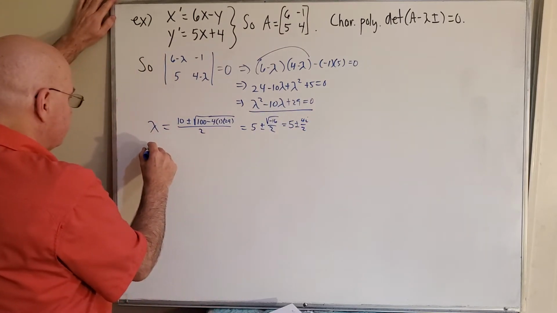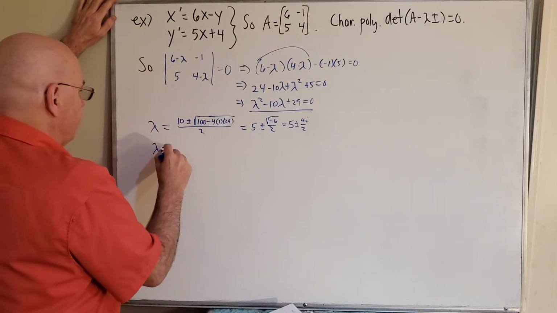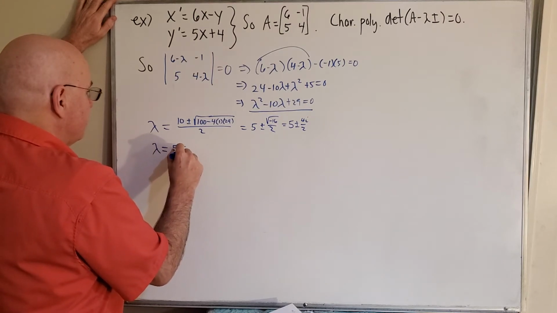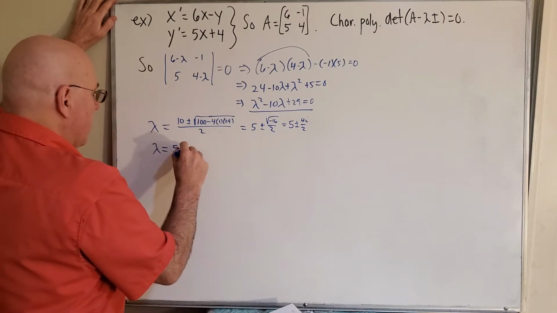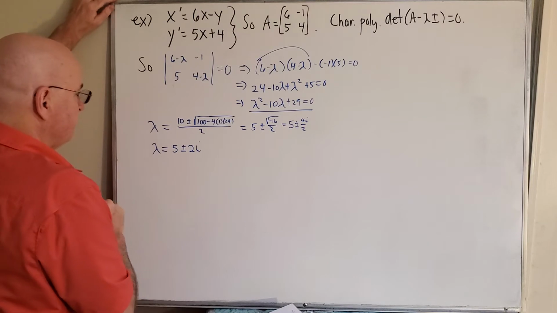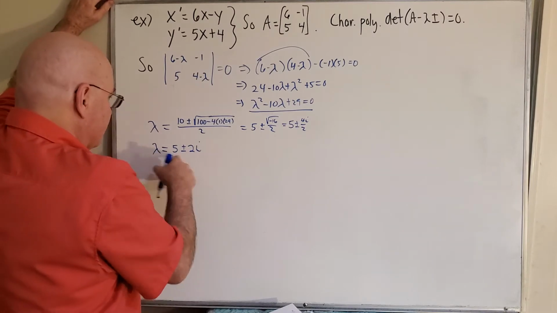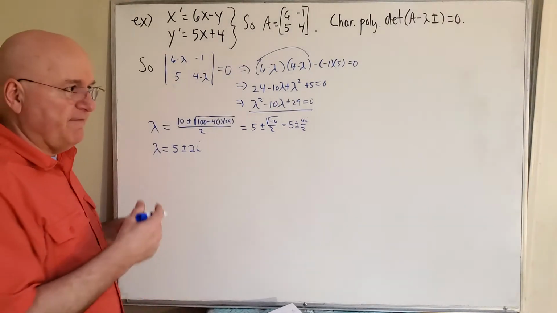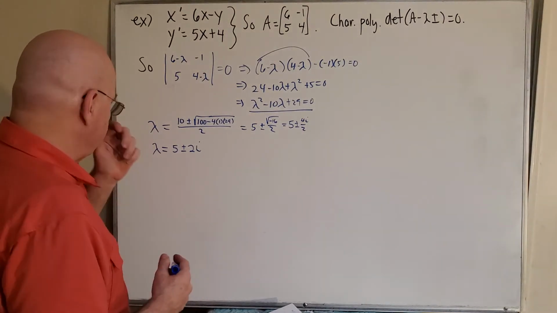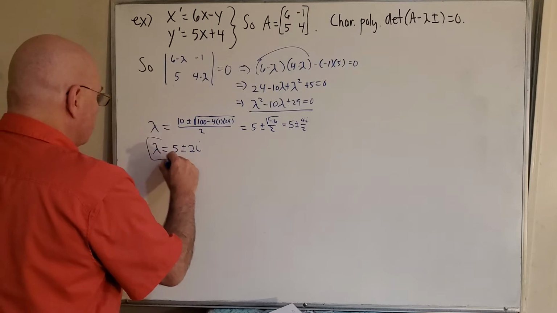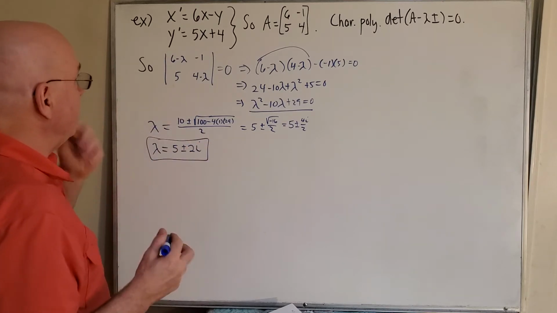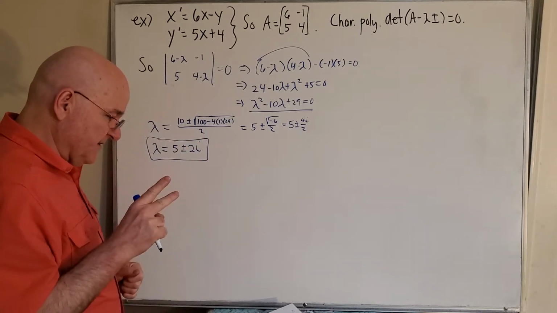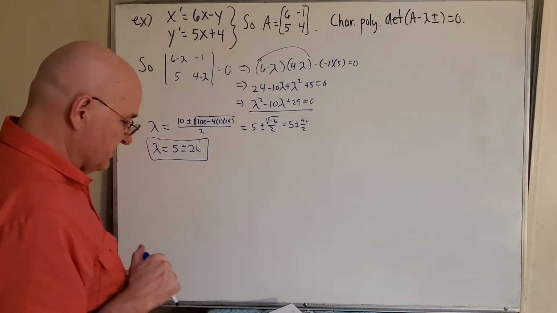So we get that lambda is equal to 5 plus or minus 2i. So that's like saying my alpha is 5 and my beta is 2. We have alpha plus or minus beta i. Complex conjugate pair, those are exactly the two eigenvalues.